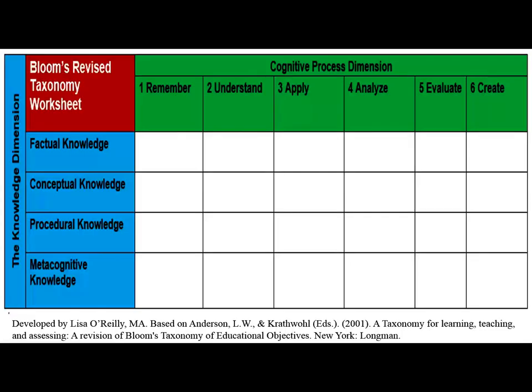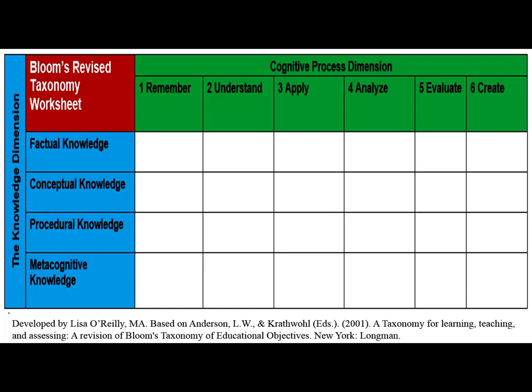Now, the reason I say that you want to keep both of those things in mind is because by the time that we get done with all of our objectives, we want to have objectives that will be plotted all over this chart, right? We don't want all of our objectives to be right here, factual, conceptual, and on the lower cognitive, right? We want to have some of them here, and some of them here, and a few sprinkled in the middle.